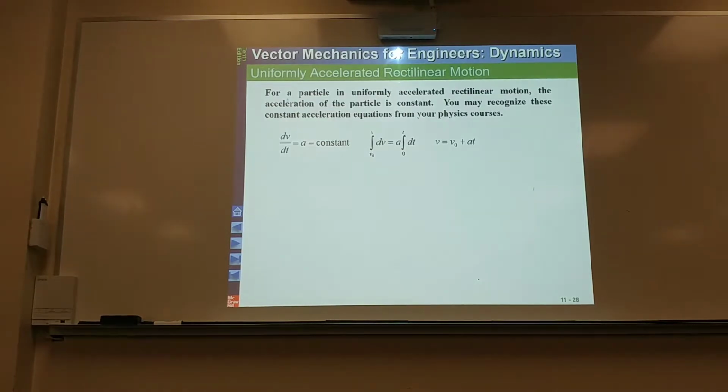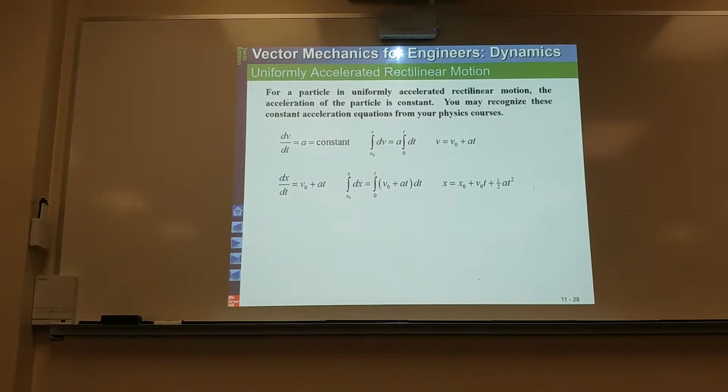You probably will remember the equations for if a is a constant, and that means that it is a number. So 9.81, free-falling things, that has constant acceleration. Or 2 meters per second squared. But something like 2t would be a non-constant acceleration. So you can only use it if a is equal to a number, and then you end up with these three equations.